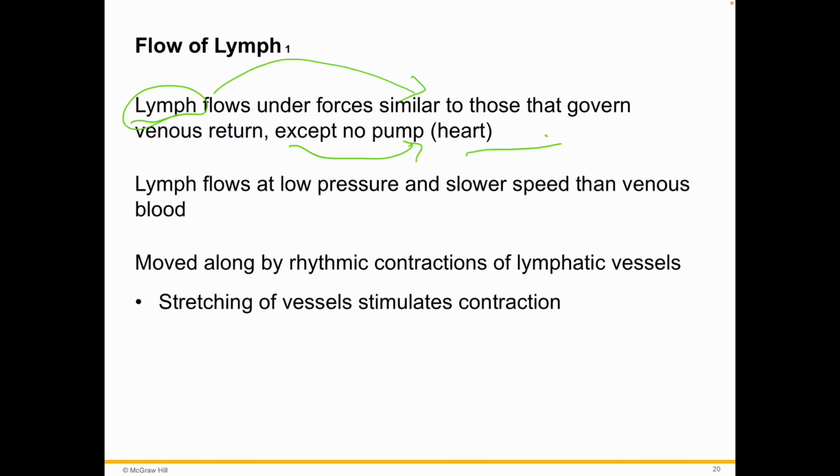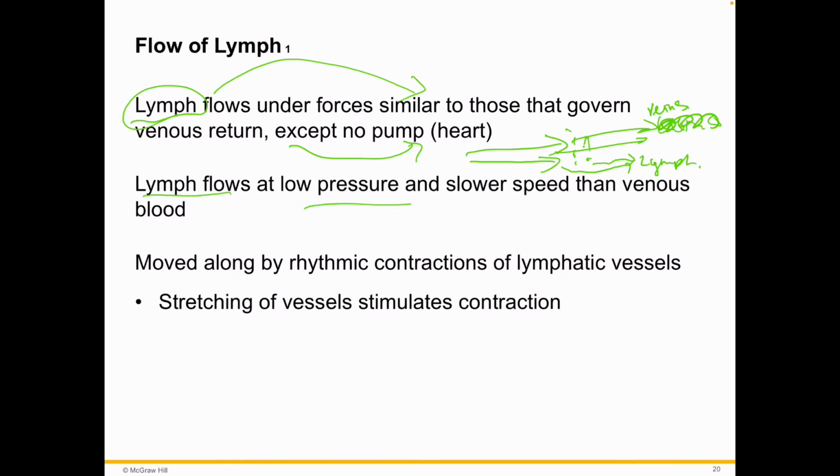It's really just the arterial pressure going into the interstitial fluid that is going to push mostly everything back into the veins, and then slowly a little bit more is going to dump into lymphatics. So lymph is going to be flowing at a lower pressure.